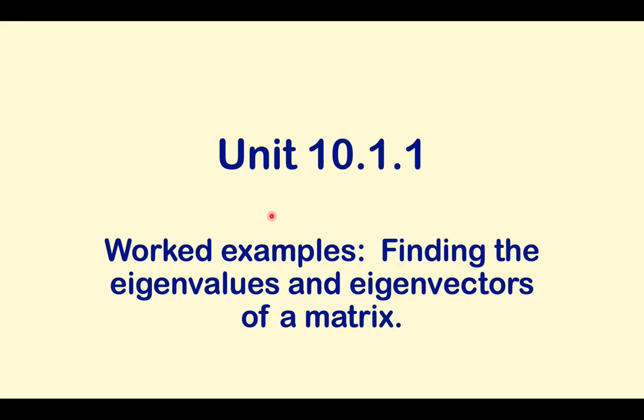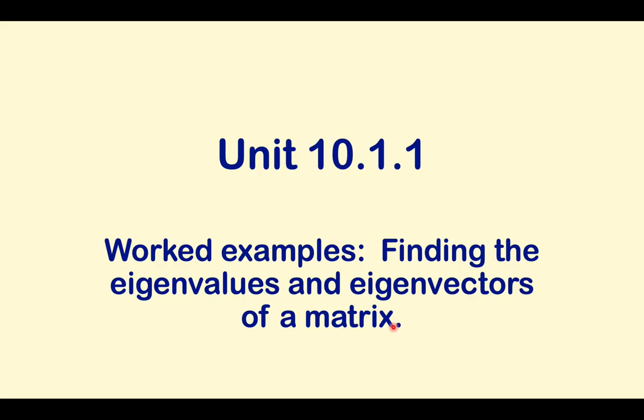In accompanying worked example videos, we'll go through more examples of finding eigenvalues and eigenvectors of matrices, including 3 by 3 matrices and larger matrices of special forms where the arithmetic doesn't get too messy.